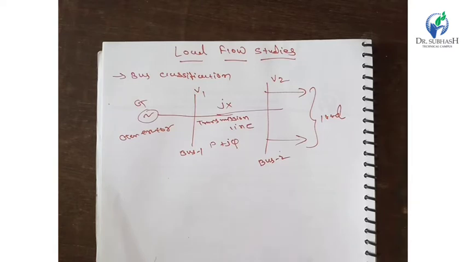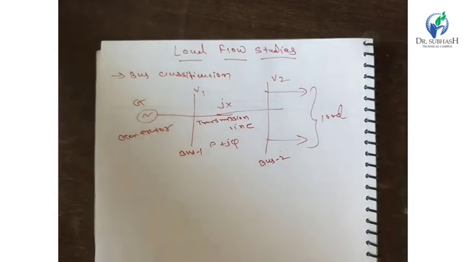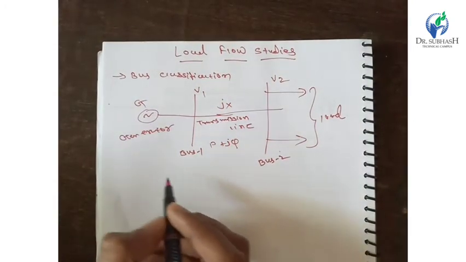Depending upon the quantities specified for the buses, they are classified into 3 types, which we discussed earlier: load buses, generator buses, and slack buses. The slack bus's other name is the reference bus. So here we draw the general table of classification.